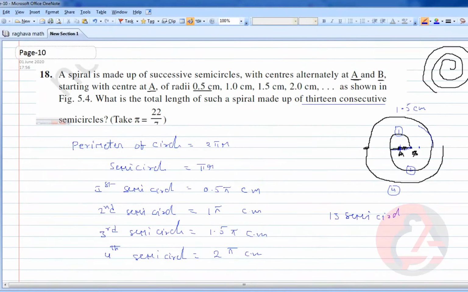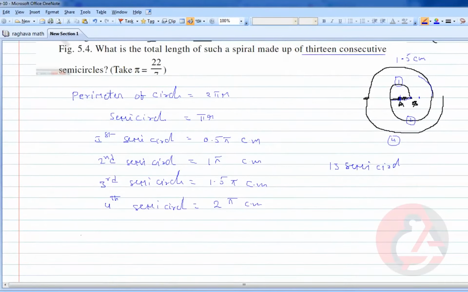So the length of the spiral is the sum of all 13 semicircles' perimeters. But if you observe, all these are in AP: 0.5 pi, 1 pi, 1.5 pi.